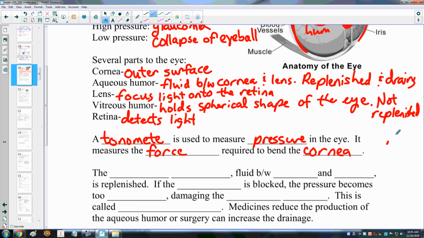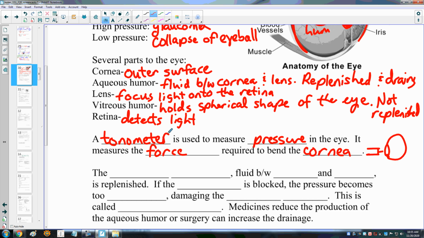I'll show you a video, but if you've been to an optometrist, this is your eye, and then they take this little device and they poke your eye with it, or it might just blow a stream of air at your eye. But nonetheless, both of those are trying to figure out what force is required to bend the cornea just a little bit, and that tells them what is the pressure inside of the eye.